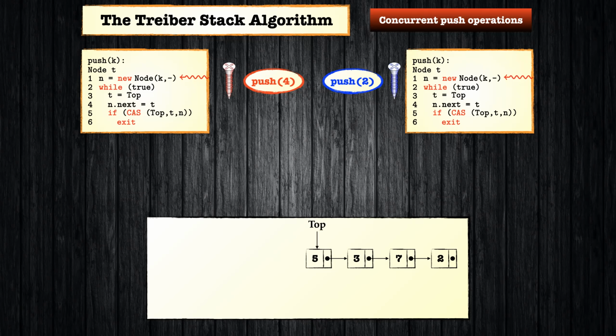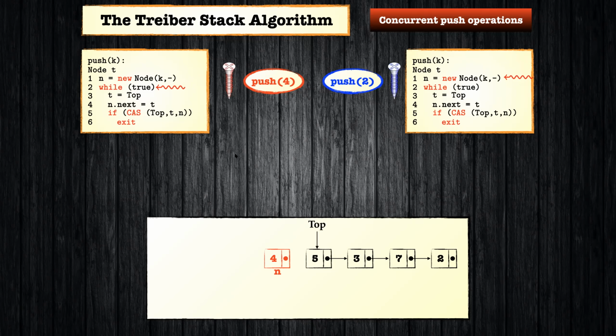The red thread will create its new node first, point to it by its n variable with the correct key, which is 4. And then it enters its while loop.